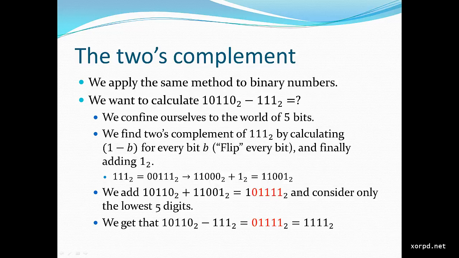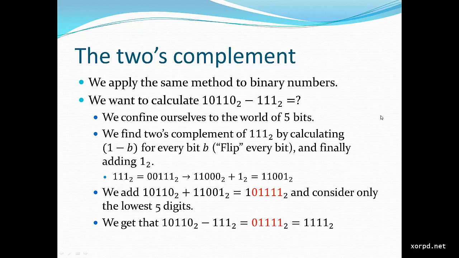As usual, we are going to consider only the lowest 5 digits, because we decided to work in the world of 5 binary digits. This is going to be our result. We get that 10110 minus 111 in base 2 equals this number, 01111 in base 2. We had this leading 0 here, and we can just remove it and stay with 1111.